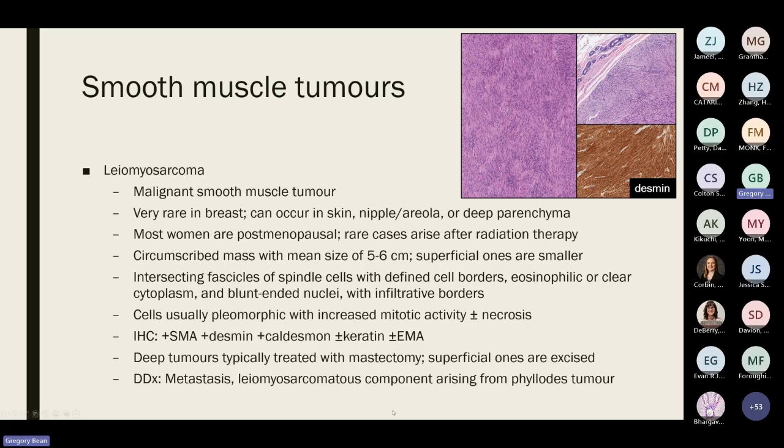And then, of course, with a lot of these more rare tumors, part of our duty in looking at the excision itself is that we have to rule out a phyllodes tumor, because a leiomyosarcoma and many of these other sarcomas are quite rare, and it's known that phyllodes tumors can actually spawn areas of less common sarcoma types.